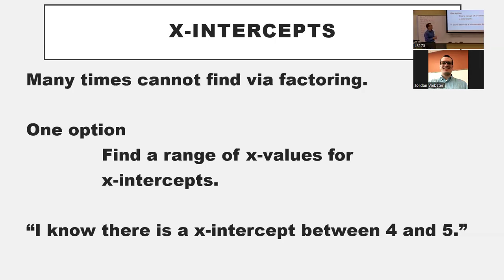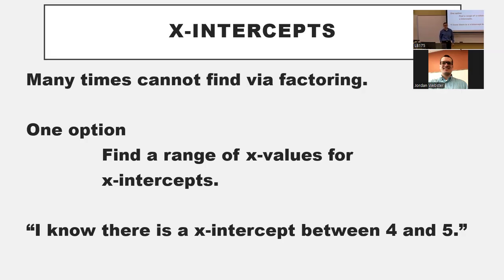But another option I can have, if I can't say that I know there's an x-intercept precisely when x is equal to 4.5, I might be able to say, I know there's an x-intercept somewhere between 4 and 5. And oftentimes in mathematics, we don't necessarily need an exact answer, but an approximate answer would be just as good, right?